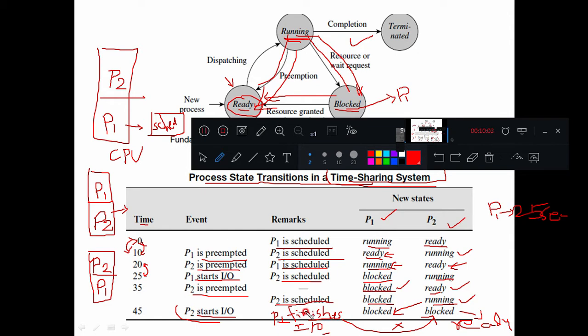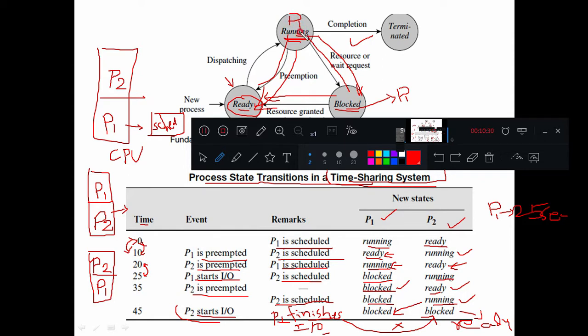If it is a dash, then P1 and P2 both will be kept in a block state, and the CPU will be allocated to some other process if the operating system finds any process in memory. Right? So once the execution of P2 is over, P1 is in ready state, and the CPU will be assigned to P1, and P1 is in running state.